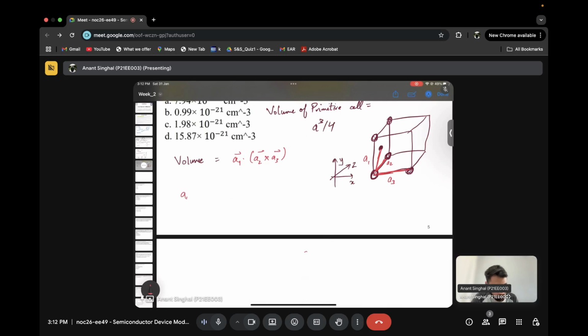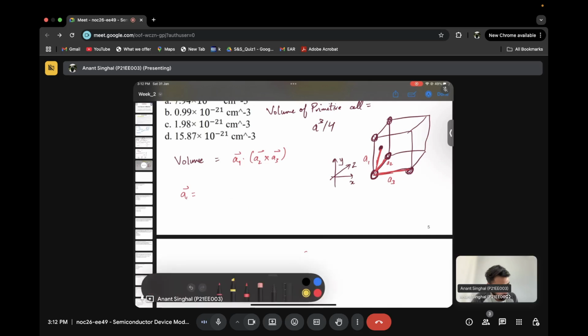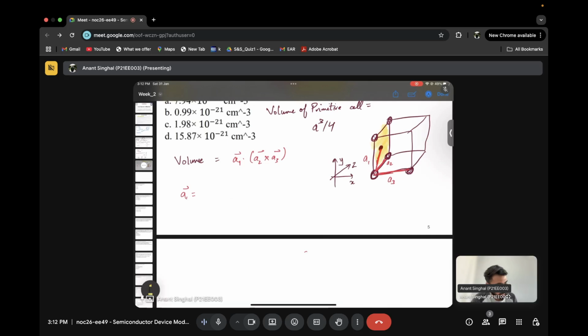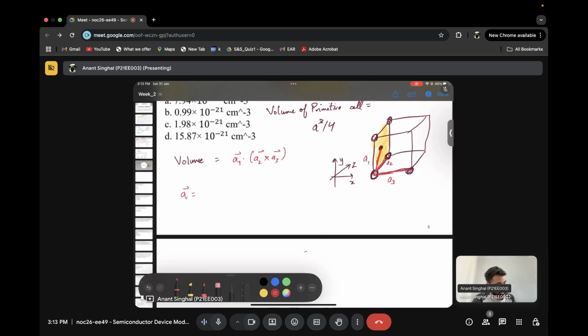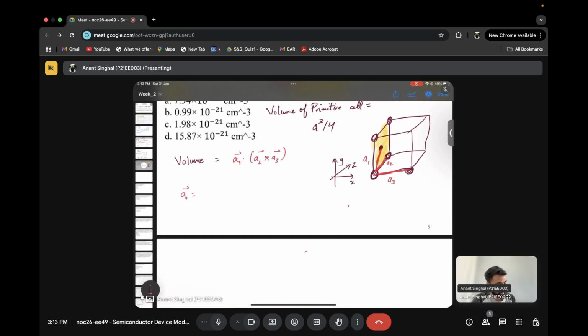A1, if you see, is in the YZ plane, right? Because this is the plane that it is in. Let me highlight that. If I see this face, this is where the A1 vector is. So we have x as 0, right? So yz will be there, and let me try to explain the closest distance.